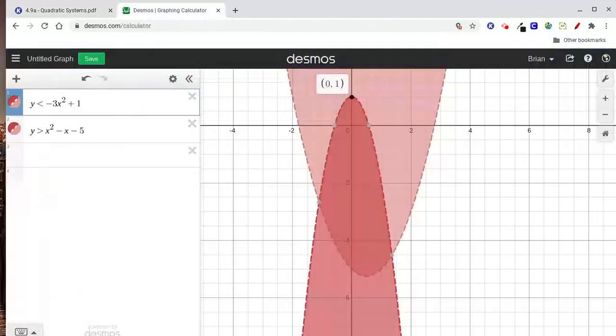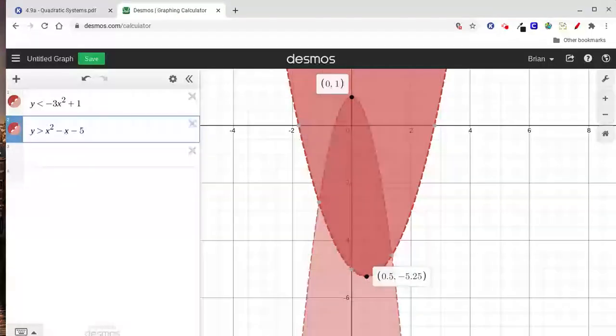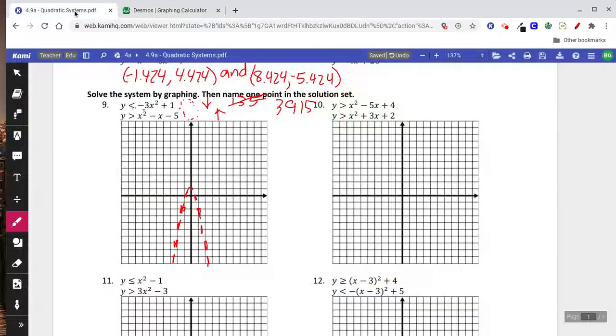Okay, the other one has a vertex of (0.5, -5.25). That is going to be really hard to draw, but just eyeball it. Here's 0.5, and then 1, 2, 3, 4, 5.25. It's got to be about right there. So we're going to put a dot about right there.